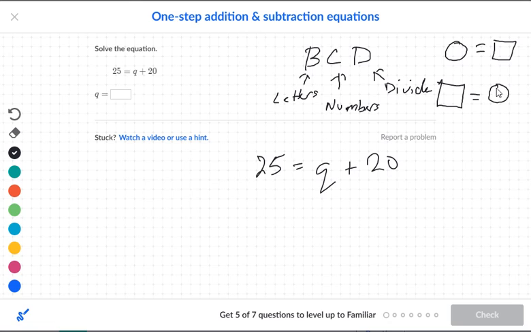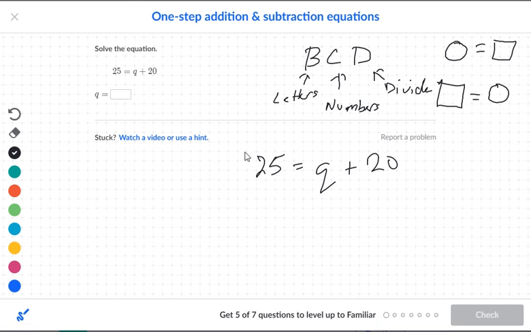So I'm going to go ahead and box my letters and circle my numbers, and then I'm going to divide. So let's take a look at what we have here.